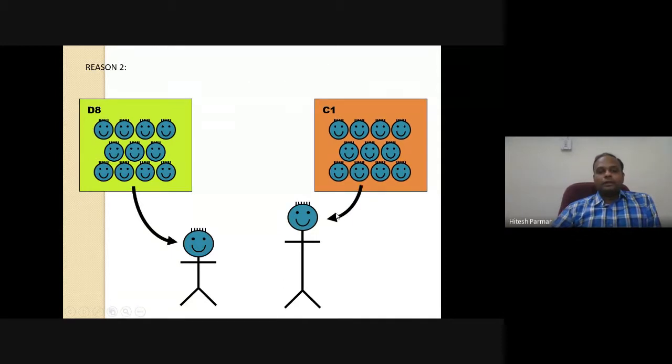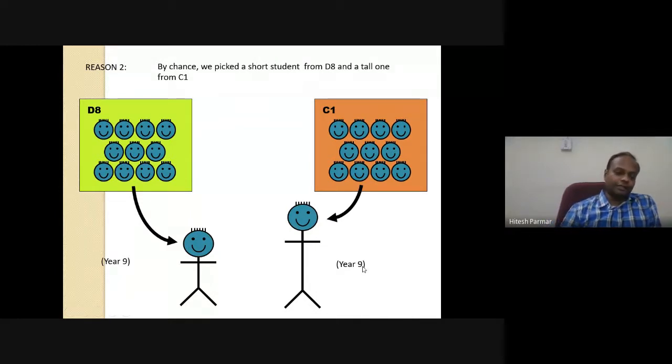Reason number 2 is by chance we picked up a shorter student from one group and a taller one from the other group. By chance. Otherwise, the age groups are the same. Both are having 9 years of age, for example.